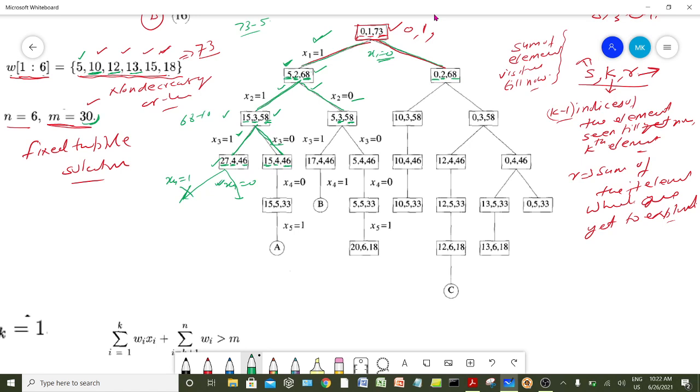Now consider this case. Here what will be happening here? If we exclude this, if we exclude our fourth item, means this item is excluded, then what will happen? Then what is going to happen is that 13, and this is to be explored, or you can say, you can just label this node as backtrack.